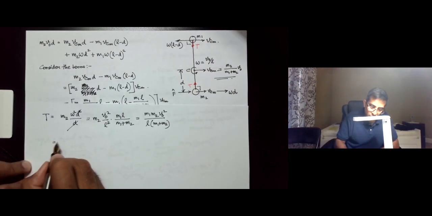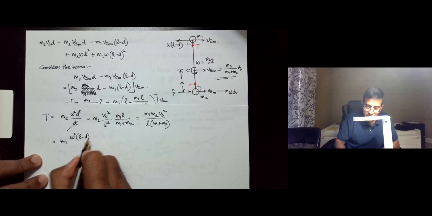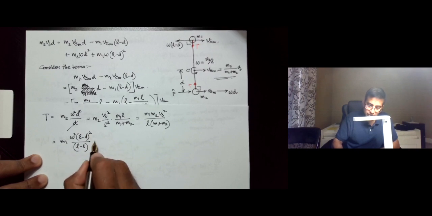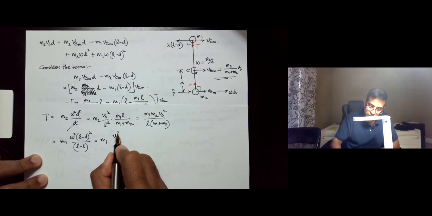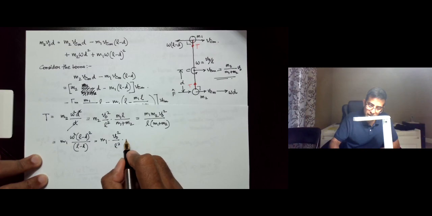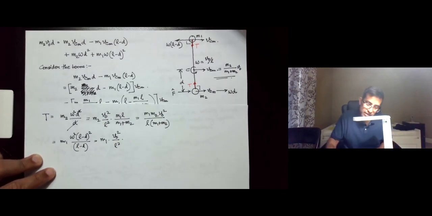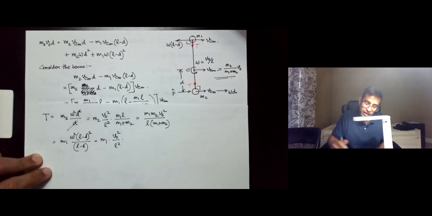So then for m1 it is m1 times omega squared (L minus d) whole squared divided by (L minus d), which is equal to m1 times v naught squared over L squared times (L minus d), and we have found L minus d to be m2 L divided by m1 plus m2.